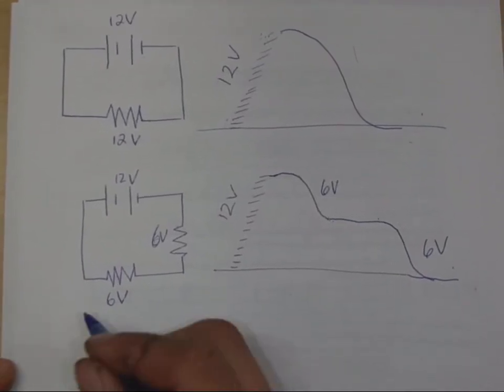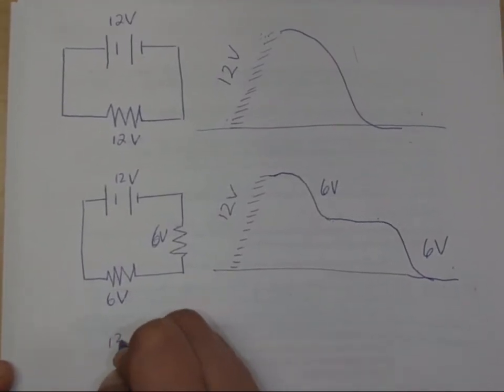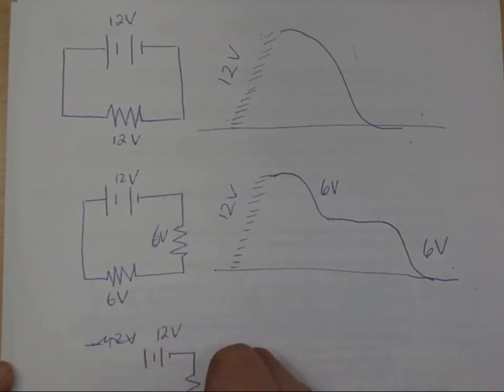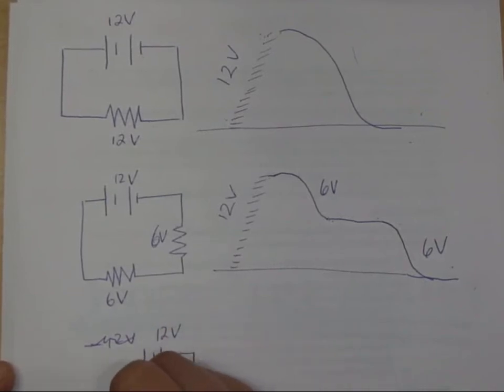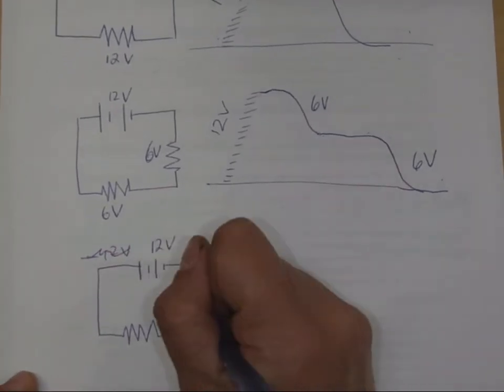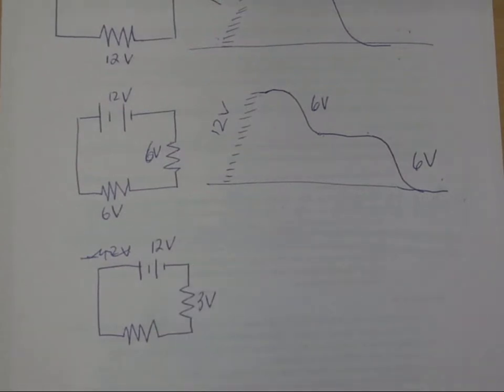I'm going to give you one more scenario in which we have another 12-volt power source. Oh, my drawings. Another 12-volt power source. And I have two resistors again, but let's say they don't exactly have the same voltage drop. Let's say this one is only about 3 volts.